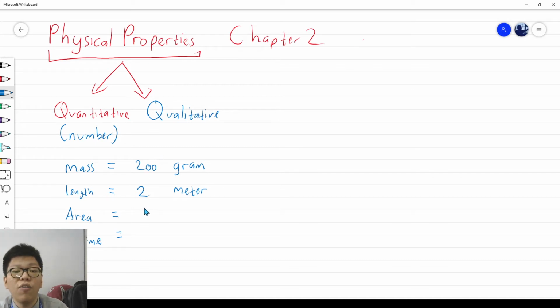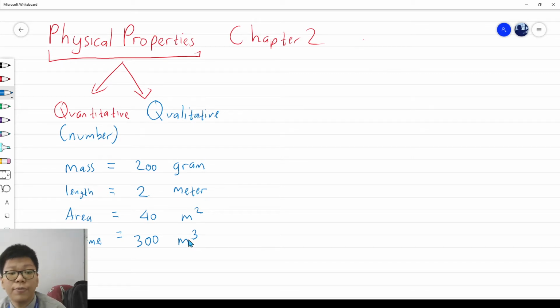The area of a soccer field, maybe, I don't know, 40 square meters. The volume of this room, maybe 300 cubic meters. Everything quantitative needs to have a unit.